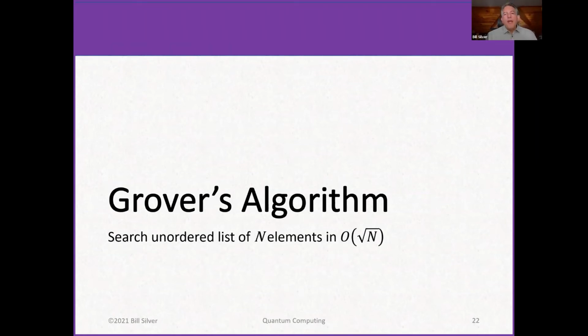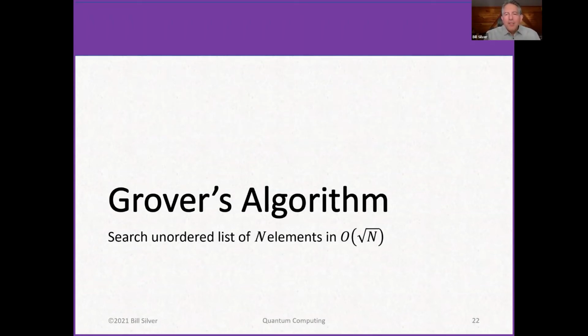So, for example, if we had 1,000,000 elements, that would be a 20-qubit state vector. It would take approximately a million tries on a classical computer. We're only going to have to query the oracle about 1,000 times instead of 1,000,000 to find that winning state. That's Grover's algorithm.